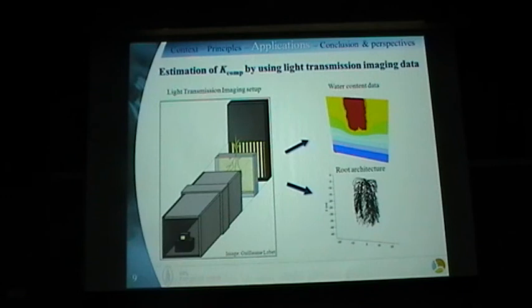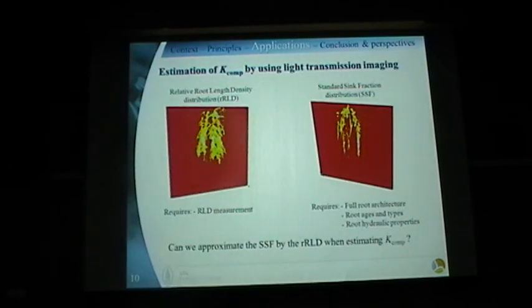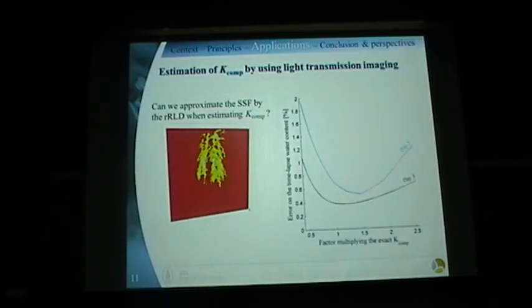Thank you. It seems like it's hard to estimate K comp. Is it easy to estimate K comp? If you have the right standard sink fraction distribution, then it's very easy because you really get a very steep objective function.